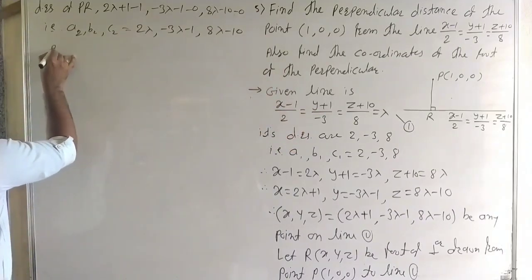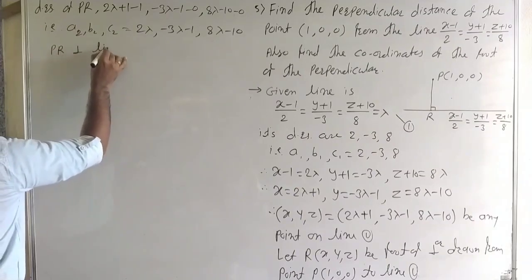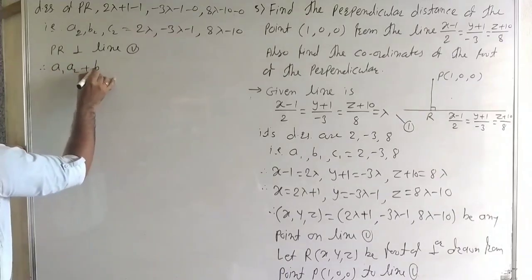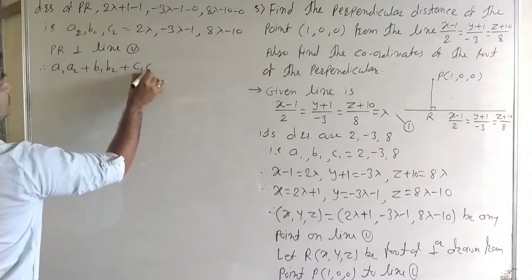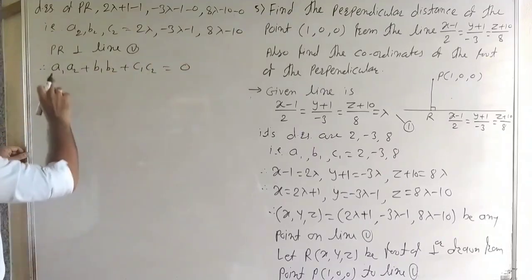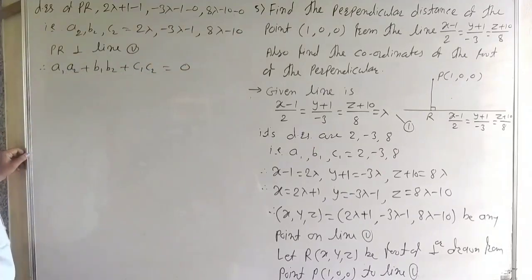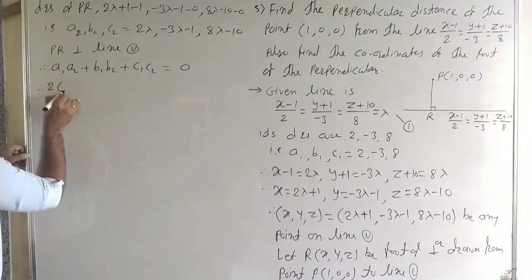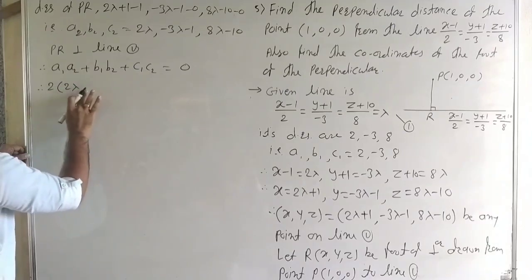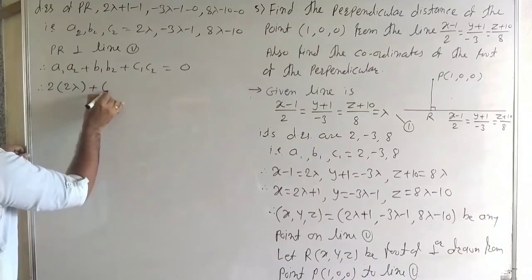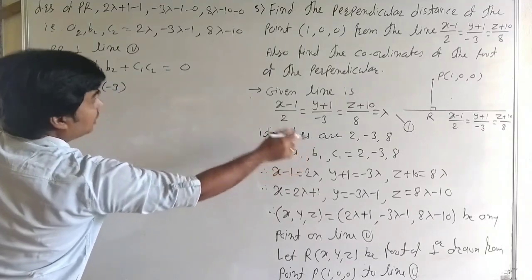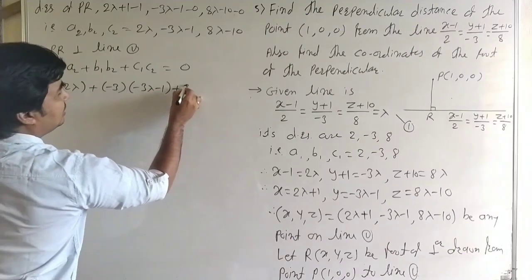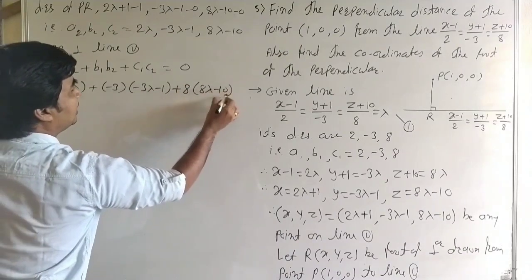Here PR is perpendicular to line 1, and therefore we can write a1 a2 plus b1 b2 plus c1 c2 is equal to 0. Therefore a1 into 2 lambda plus b1, minus 3, into minus 3 lambda minus 1, plus 8 into 8 lambda minus 10 is equal to 0.